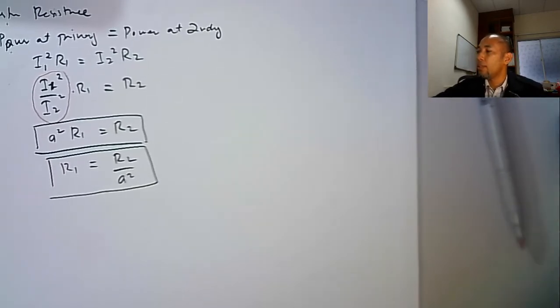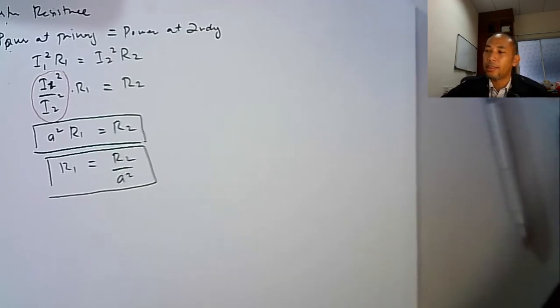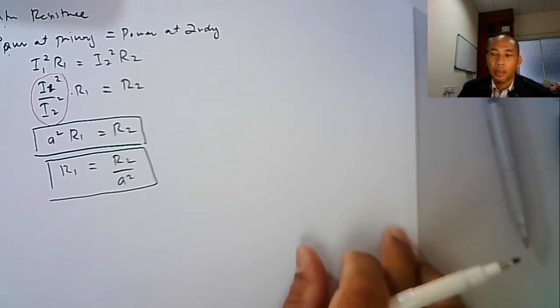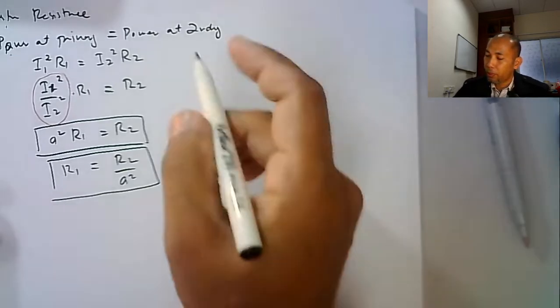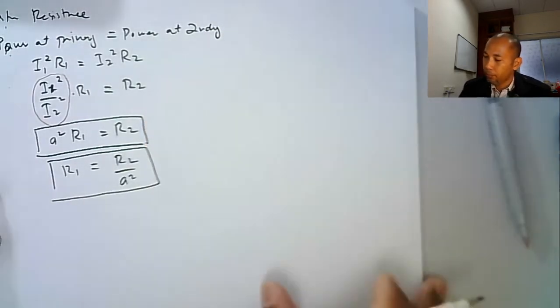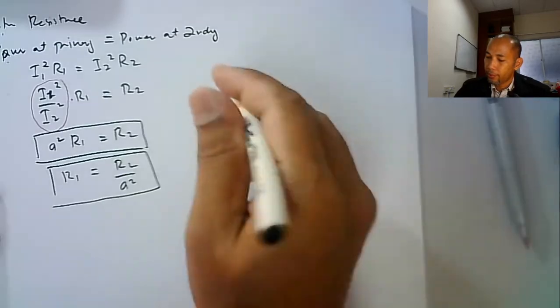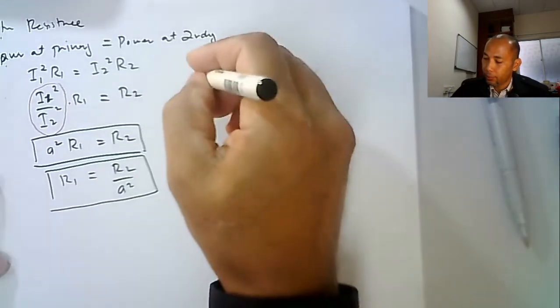For inductance, we know that the relation between inductance and turn ratio is square proportional.